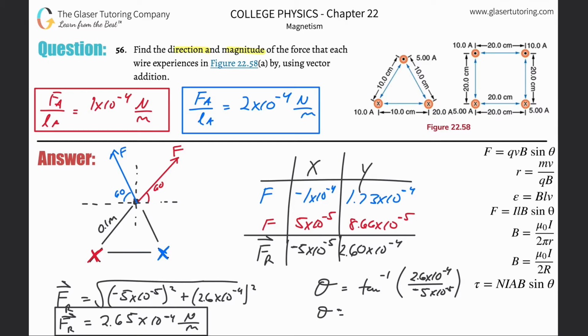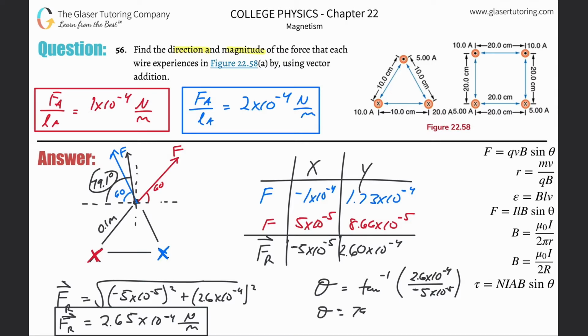And here we get a value of about 79.1. And that means 79.1, right? Because the resultant vector would be roughly about here. What I just found is the 79.1 degree angle. That's relative to the negative x-axis, okay?